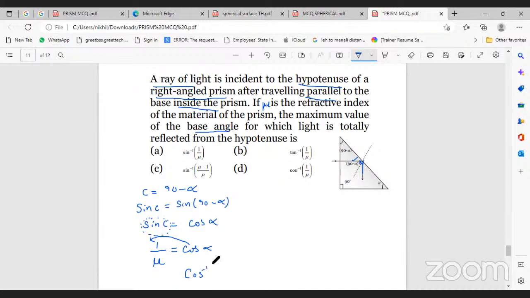So the base angle alpha is cos inverse of 1 by mu. Yes, sir.